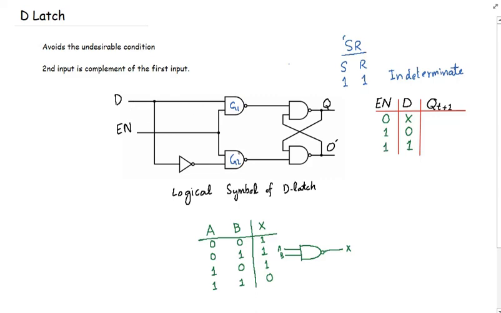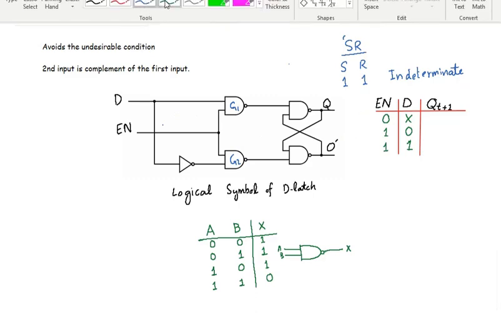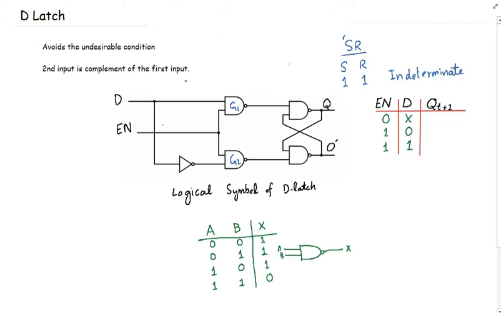gate number 2. So for example, initially if enable input is 0, let me write it with the green pen. So primarily if the enable input is 0, now we will get a 0 input here and a 0 input here.